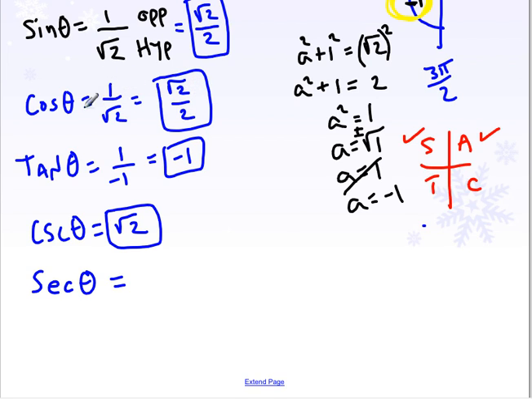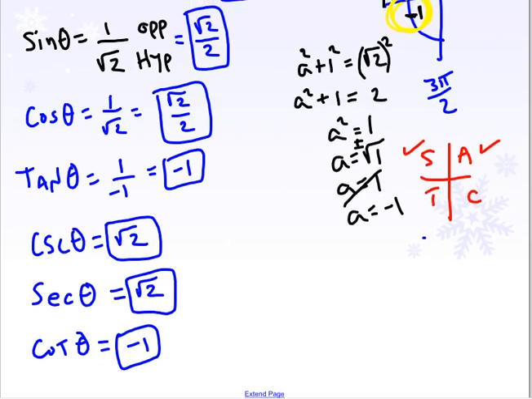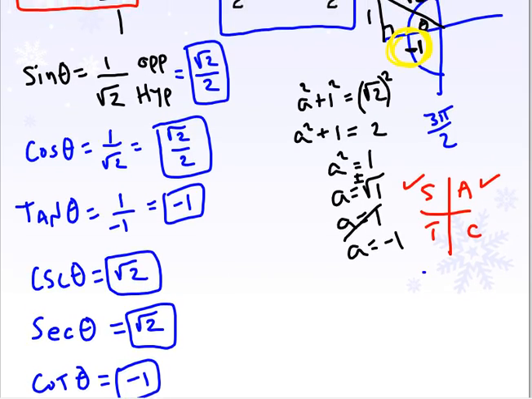I would just flip this one right here, because then you're going to have radical 2 on the top and a 1 on the bottom, which is just radical 2. And then cotangent of theta, we flip tangent. So that would be a negative 1 over 1, which is negative 1. Okay? So that is that whole problem.